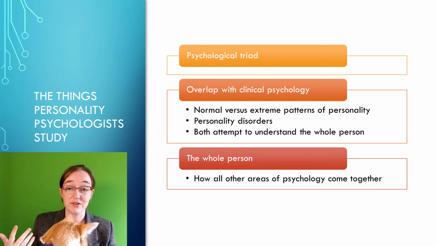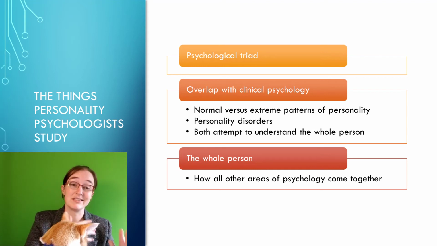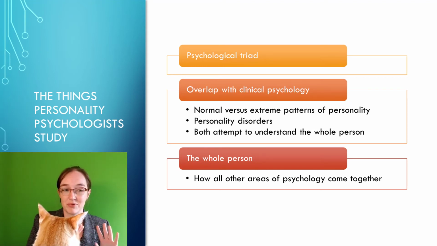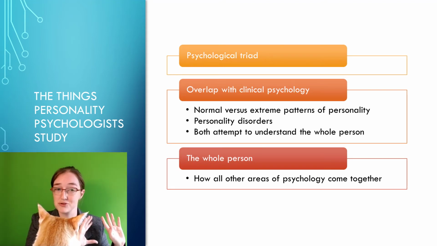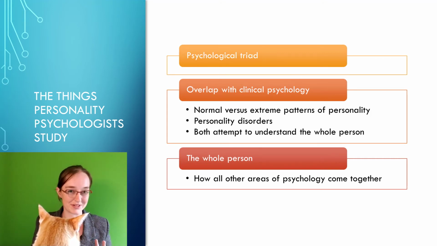Now, there's a lot of overlap between personality psychology and clinical psychology. There is also overlap with quantitative psychology, which is my background and training, but we'll get there, I promise. We've got a whole section on research methods, so you'll learn all about how quantitative and personality play together.